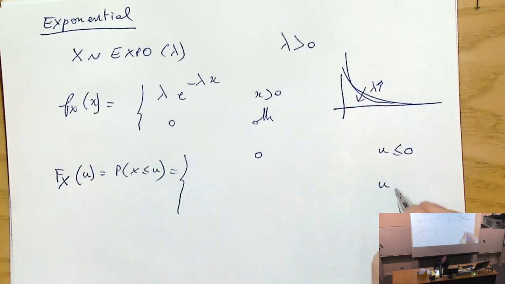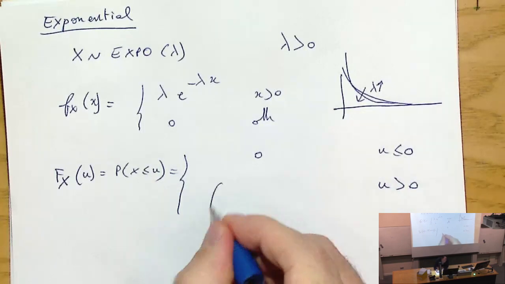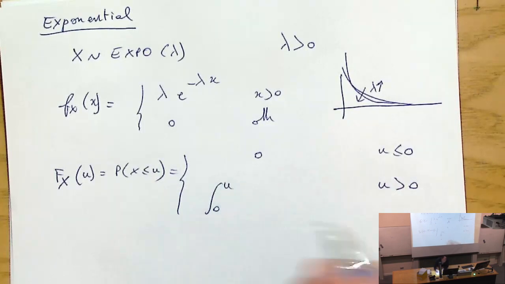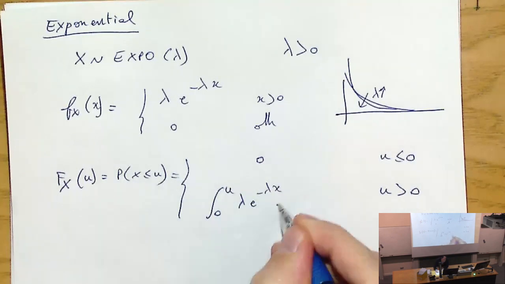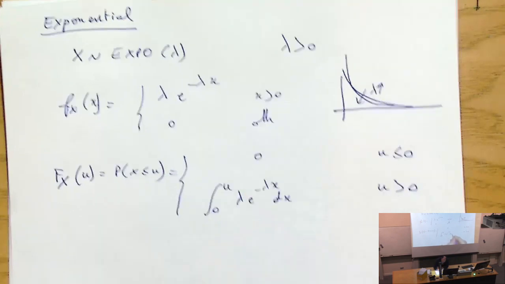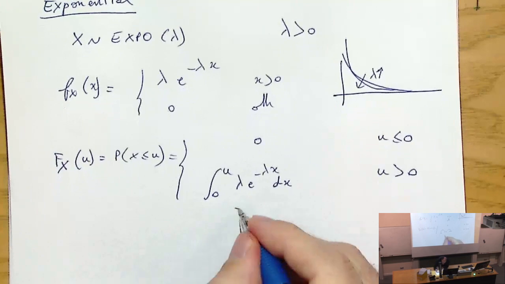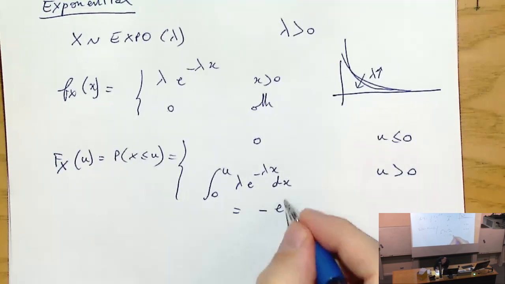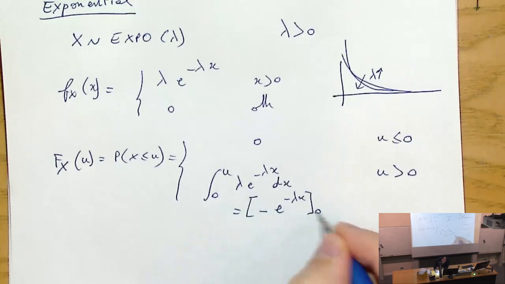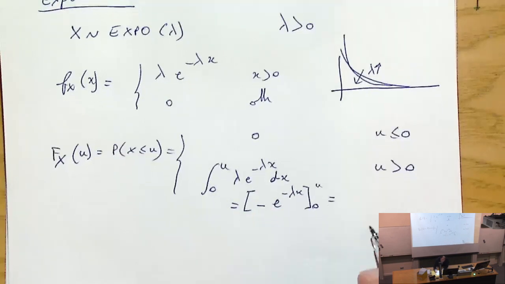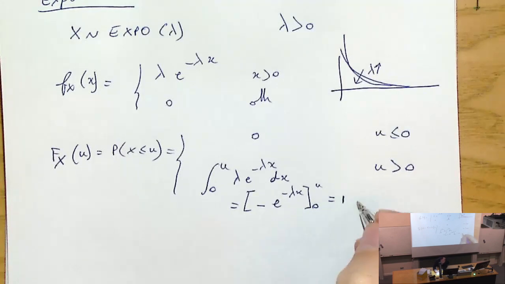And if u is positive, what we get is the integral between 0 and u of lambda e to the minus lambda x dx. Right, and this is minus e to the minus lambda x between 0 and u. And so this is 1 minus e to the minus lambda u.